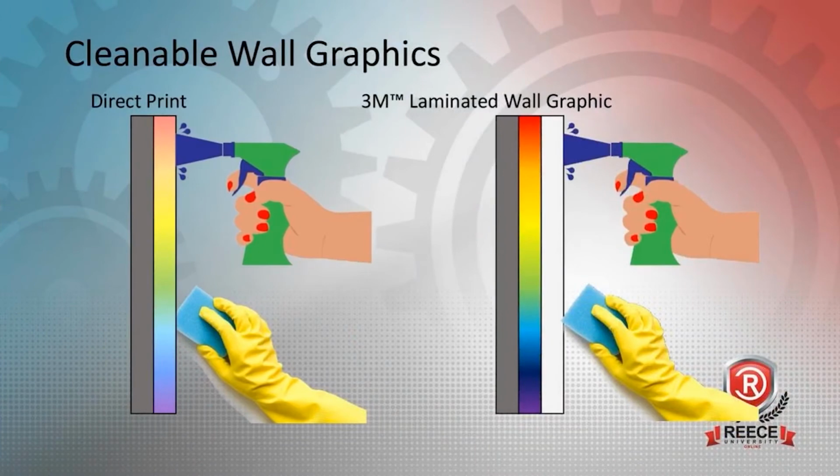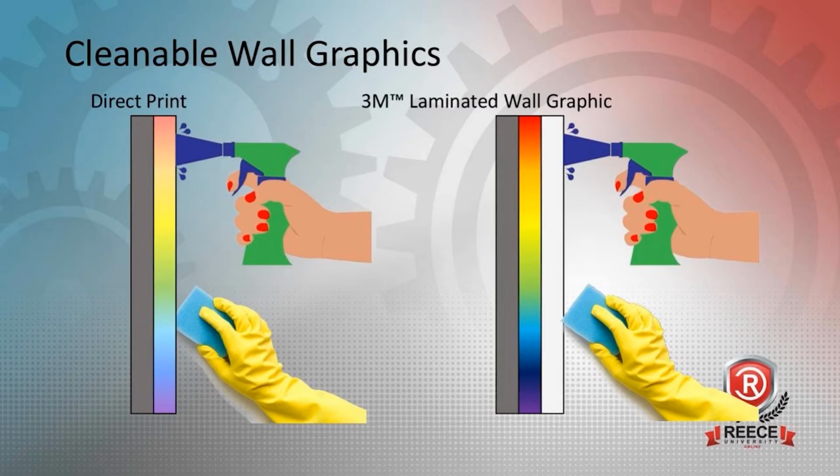Another important consideration, there are a lot of products out right now that you can direct print to the film and not have to laminate it. We really feel like laminating it is a better solution. It not only protects your ink, but it's also going to make that surface cleanable.